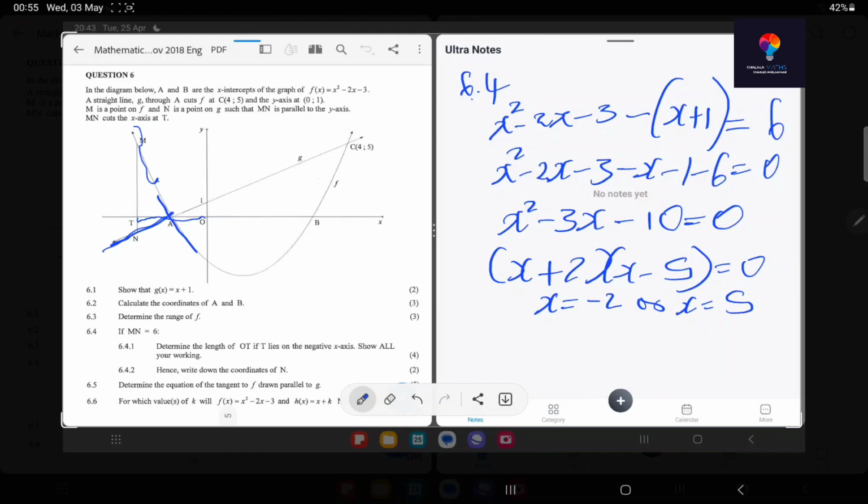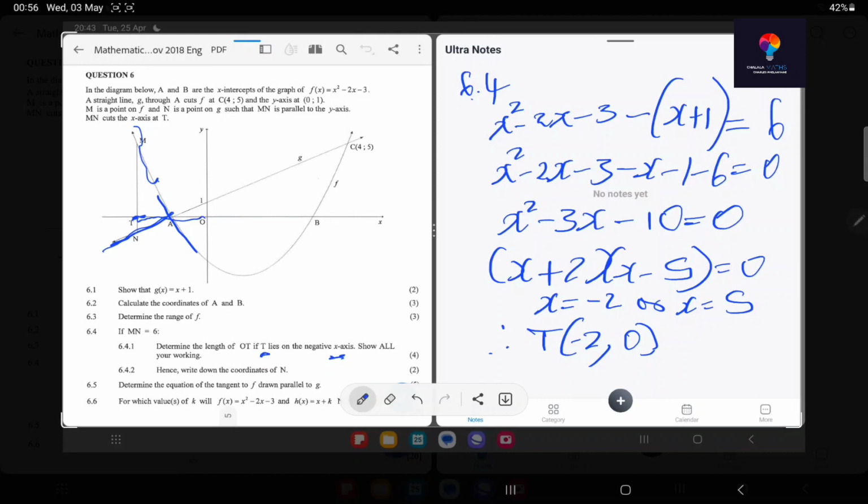But in this case, since we are given that T lies on the negative x-axis, therefore the x coordinate of T is going to be minus 2, but the y is going to be 0. Alright? Because it lies there on the x-axis.